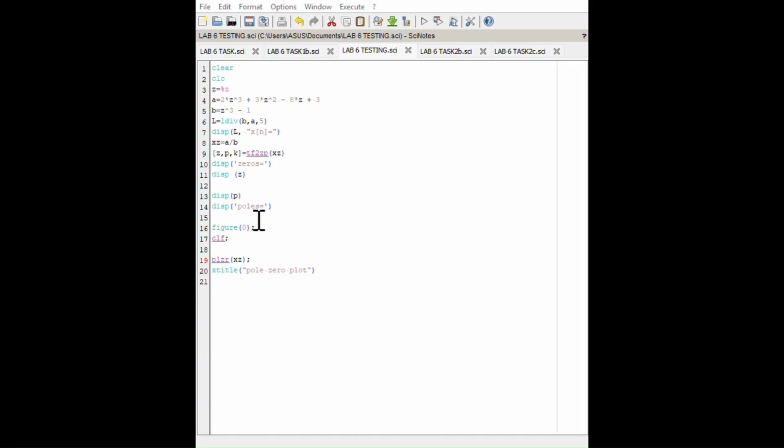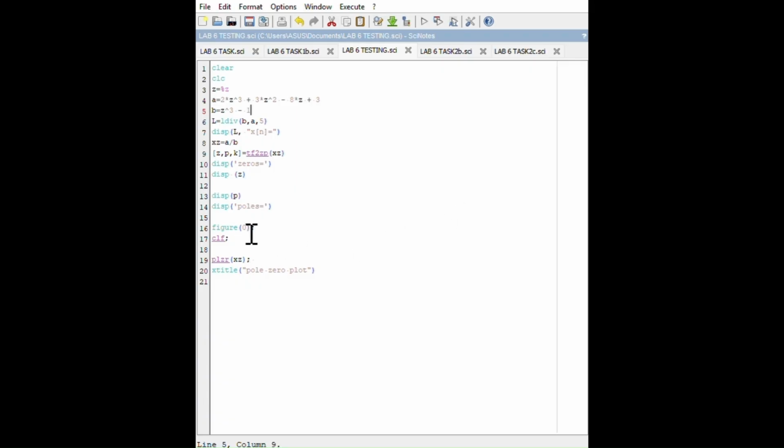So A, according to this question, we will put 2 times Z power of 3, because we cannot just put 2 Z power of 3 just like that. We need to put this star to indicate that this is a multiply of 2 with Z power of 3 plus Z multiplied Z power of 2 minus 8 multiplied by Z plus 3.